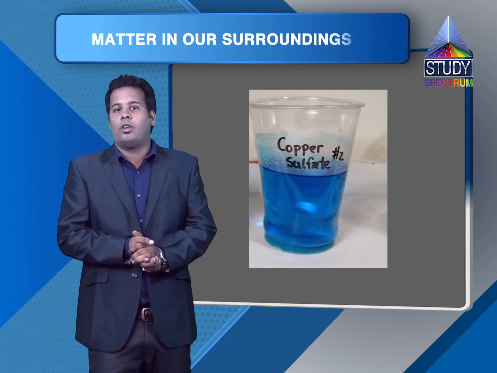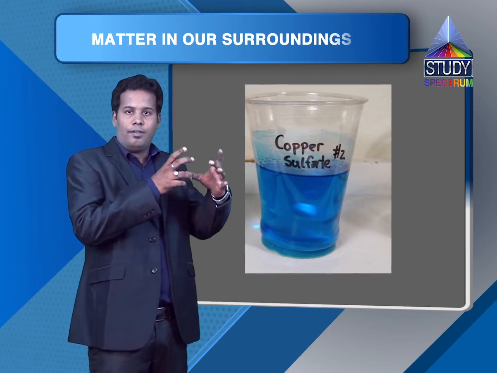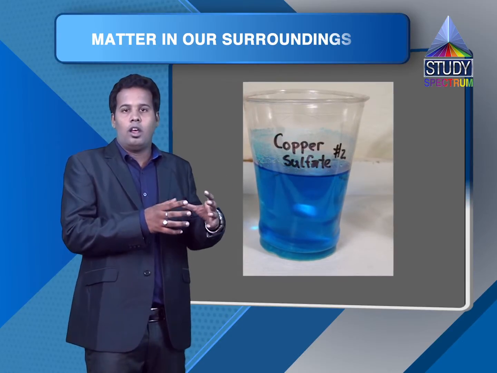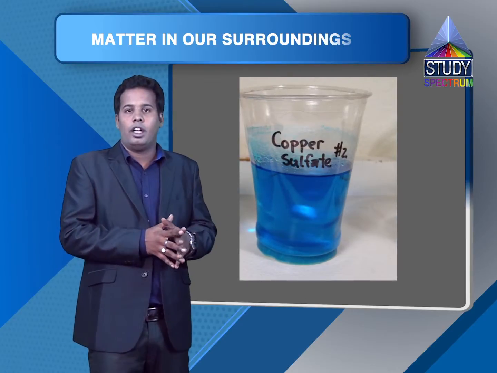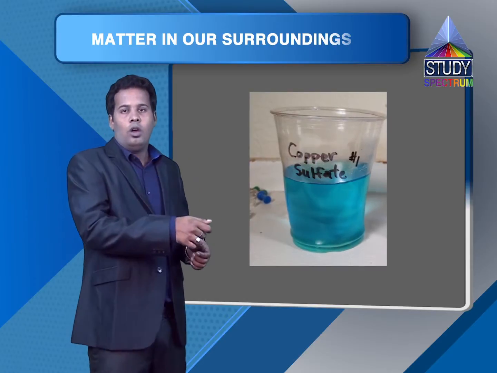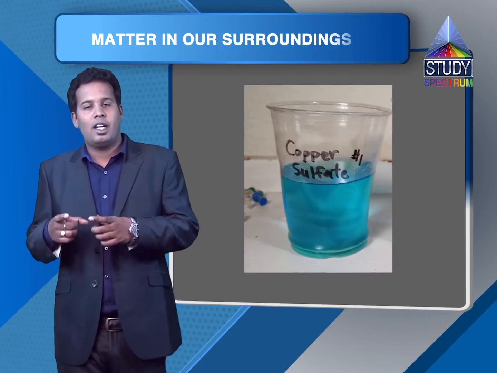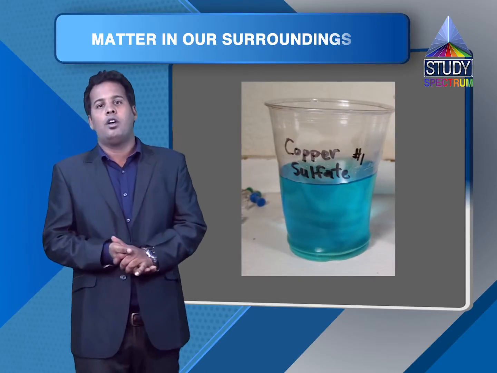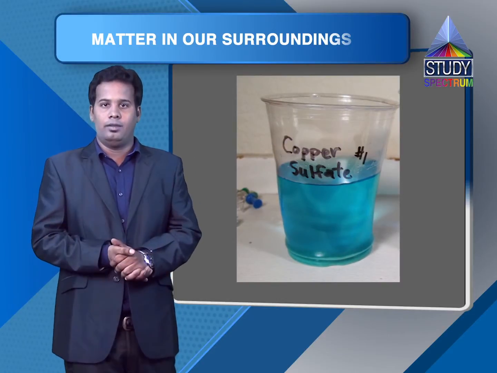What change do you figure out? In the first beaker the blue color was a dark blue color. But in the second beaker, you find that the color fades a little bit.